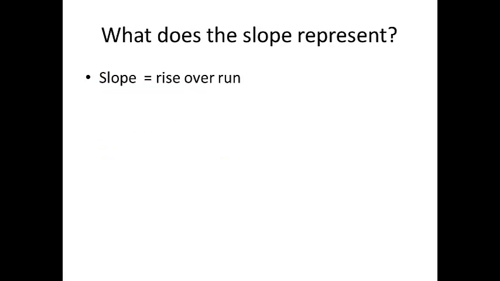Now, what exactly does the slope represent? Let's talk about slope a little bit. We learned the definition in our textbook that the slope is the rise over the run. That means how far did you go up, and then over, how far did you travel over.